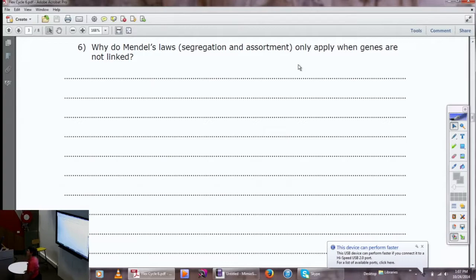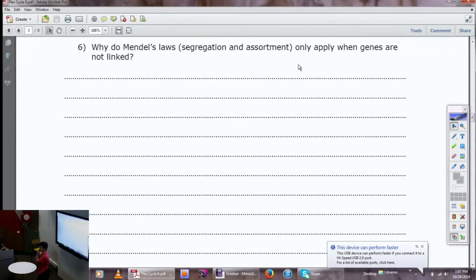His first law, and this question's a little bit misleading, always applies unless something's going to go wrong. Segregation will always apply. The factors of inheritance will go into separate gametes from each other. You can't have any two of the same alleles in the gamete together.